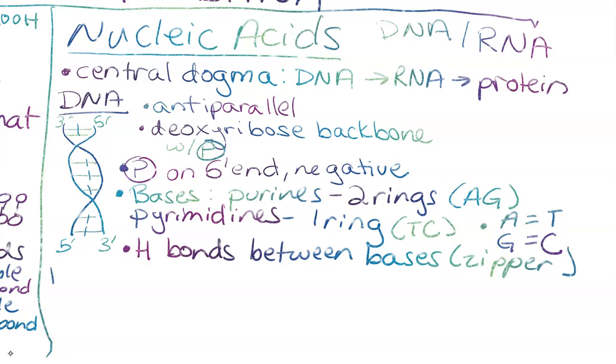All right, how is RNA different? Well, obviously, DNA is deoxyribose, which means it doesn't have an oxygen on the ribose, and RNA is ribose, which means it has an oxygen, I guess. RNA is single-stranded, unless you're a very specific kind of virus.